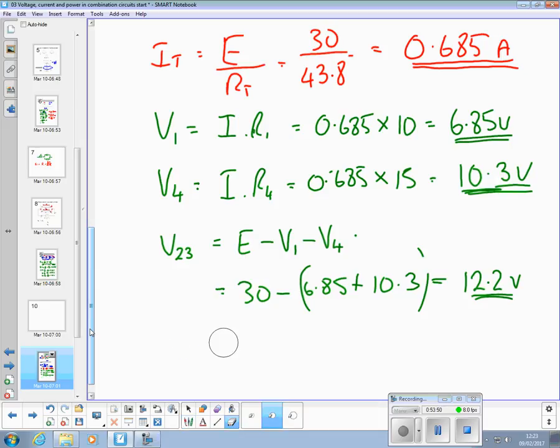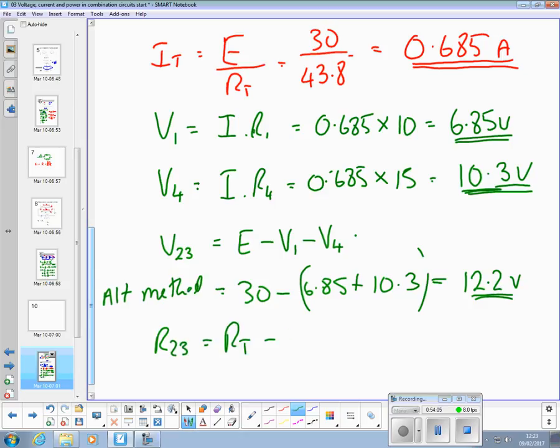So what you've done then, Lewis, is you said alternative method: R23 is equal to RT minus R1 minus R4.